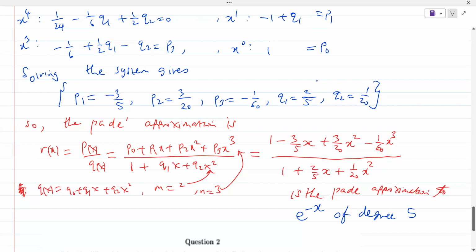The degree is 5 because it is the sum of the degrees, 2 plus 3, which is 5.